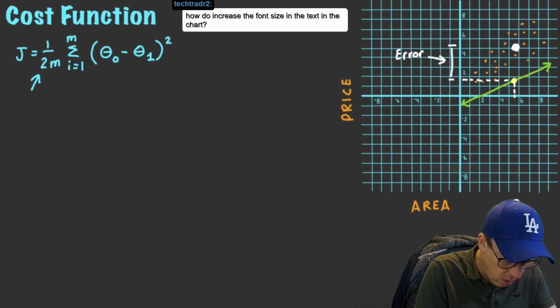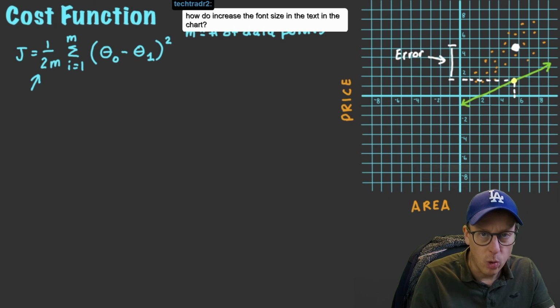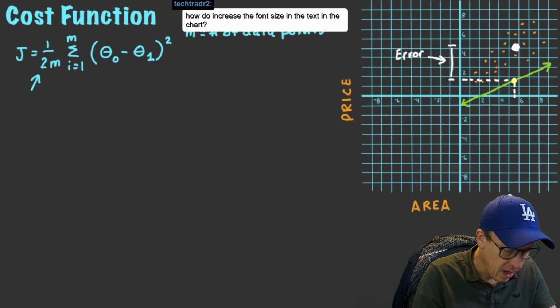All right. So we are going to be using this multiplication. m is equal to the number of data points, that's what we're analyzing. So the total number of data points that we have here, all these orange guys that are bouncing around.